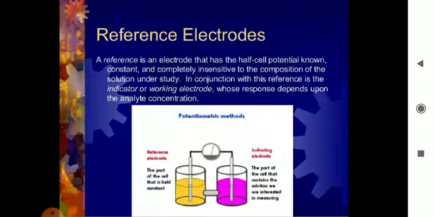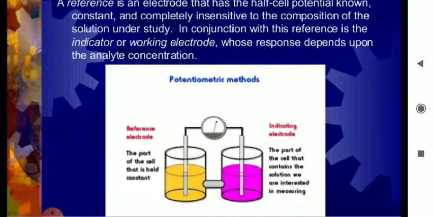In conjunction with this reference is the indicator or working electrode, whose response depends upon the analyte concentration. Now students, look at this picture. You will notice that we have used the potentiometric method. Here the reference electrode is the part of the cell that is held constant, and the solution indicated by the magenta color is the part of the cell that contains the solution we are interested in measuring.